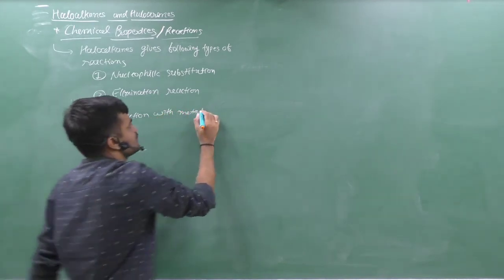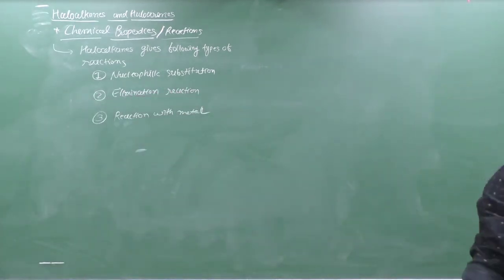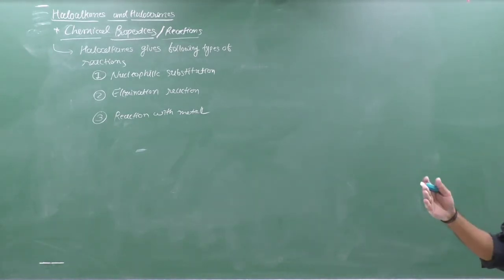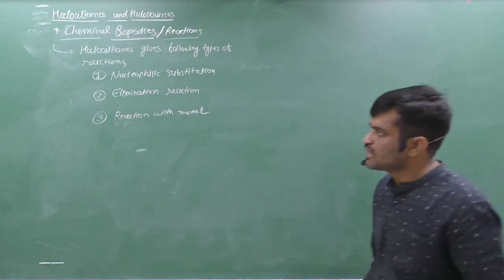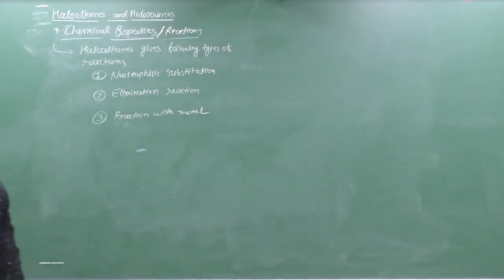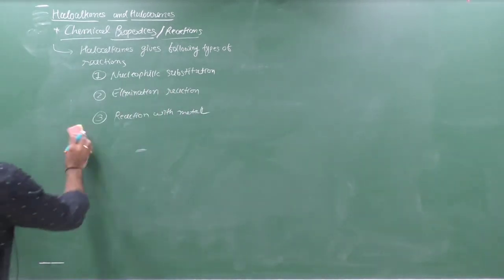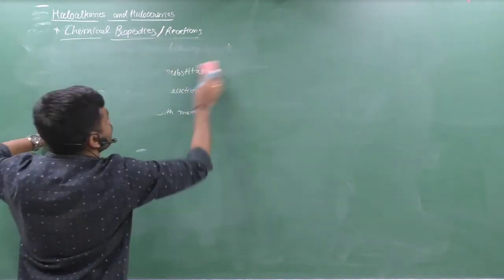The three reactions which are generally given by the haloalkanes are nucleophilic substitution reaction, elimination reaction, and reaction with metal. From this we can start nucleophilic substitution reaction of haloalkane.